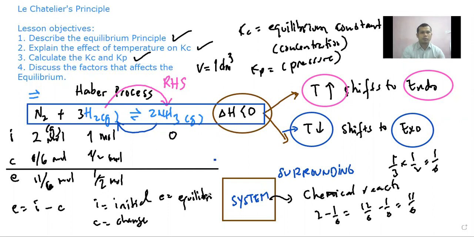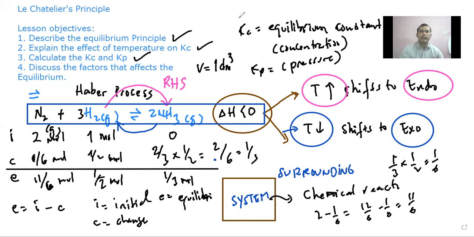So the concentrations or moles of all substances here are the difference between initial and change. And of course, we have the ammonia here because the coefficient is 2 and the coefficient of hydrogen is 3. So we have 2 over 3 times half, which is 2 over 6, which is 1 over 3. So now I have 1 over 3 mole over there.